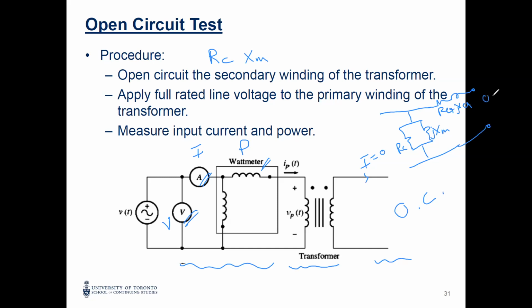This part is open circuit, right? So no current will flow here, 0. So you can ignore this complete branch. You only have RC and JXM in parallel. You get the losses, or the active power, current, and voltage.